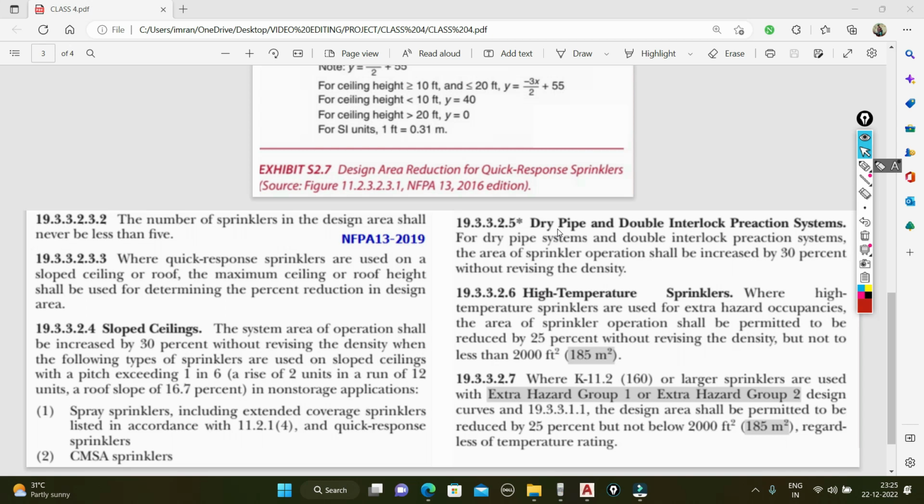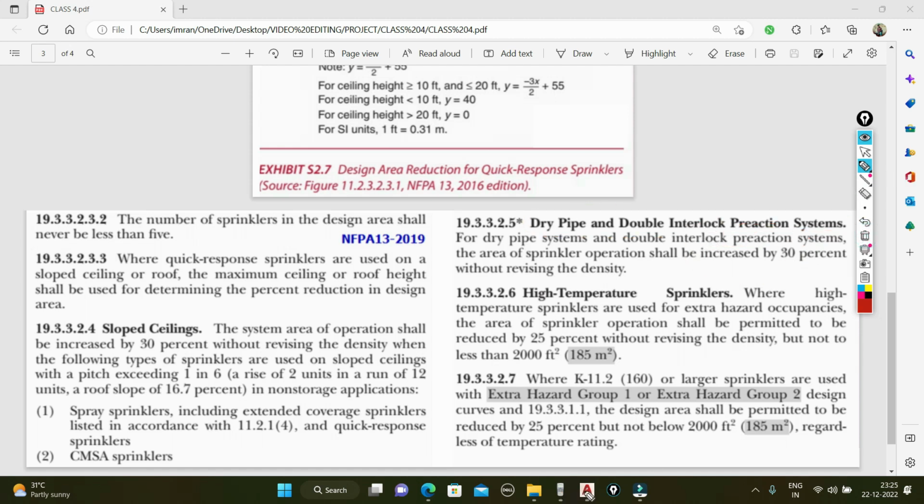We will see many types of system, inshallah, in our upcoming videos one by one. So if we are going to design a dry pipe or double interlock pre-action system, then without revising the density, we will increase the area of operation by 30%.